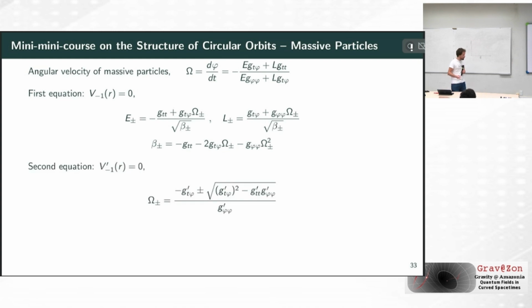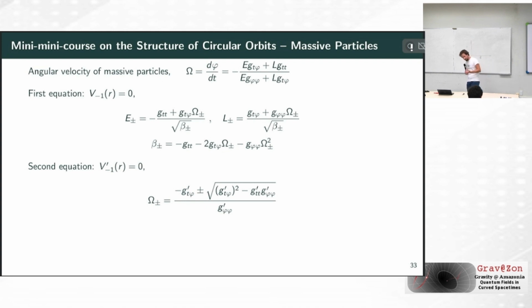Now, with the second equation, the derivative one, you can find an analytical expression for the angular velocity. So now everything is well defined only in terms of the metric functions. In general, I would say this angular velocity is always real. But if you look closely, there's a square root with some quantities within it.